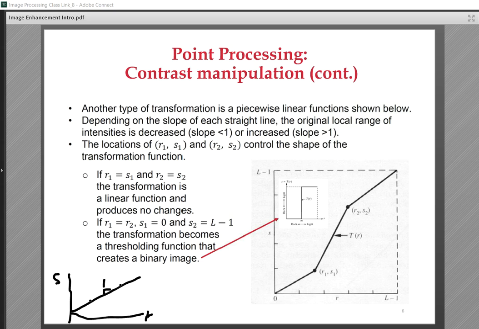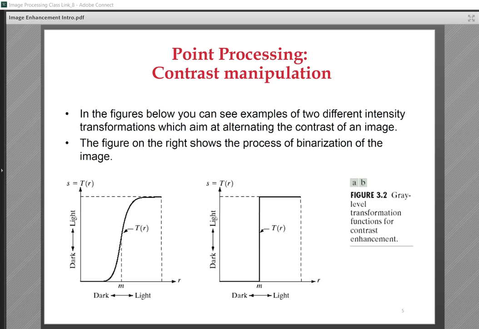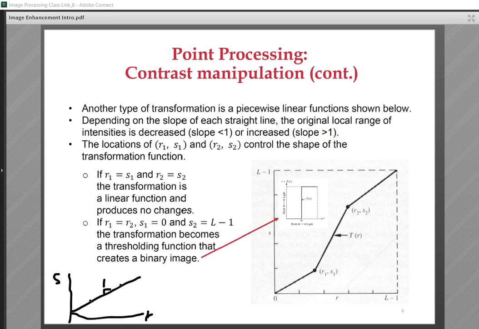This is a linear transformation. And a linear function produces no changes, because this slope is 1. Each input, this is R and this is S, each input gray level is transformed to the output gray level without any change.